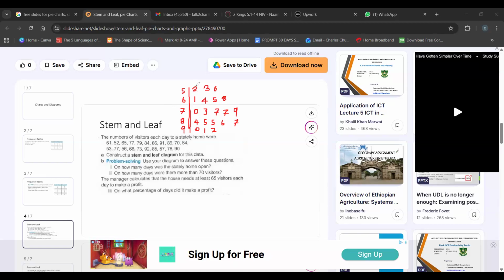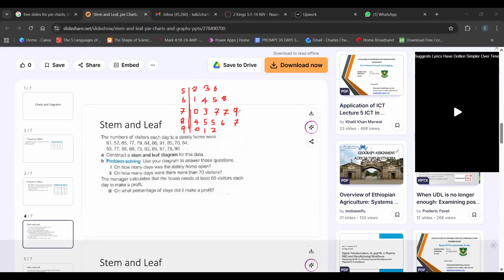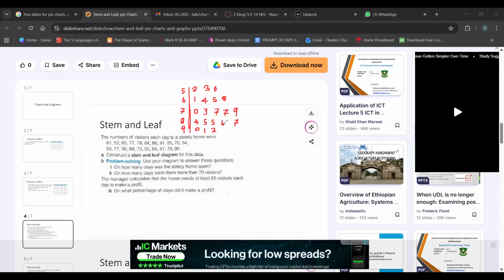Okay, so let's count our stem and leaf diagram. 1, 2, 3, ... 20. That means we have left something out, because I have 20 here and I have 21 in my data. So let's look at it carefully and see which one we left out.